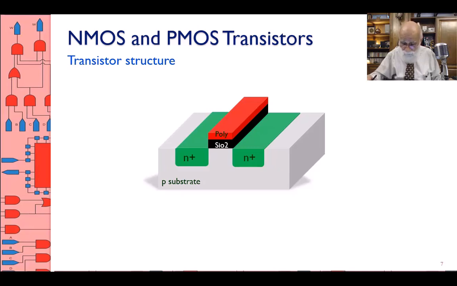A transistor has a source or a drain, it doesn't matter. You can call either one whatever you want. I mean, you can call the one on the left a drain, the one on the right a source. And then it has a gate. The gate controls the connection between the drain and the source.